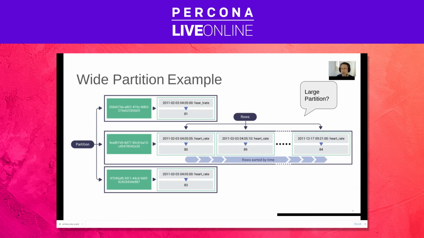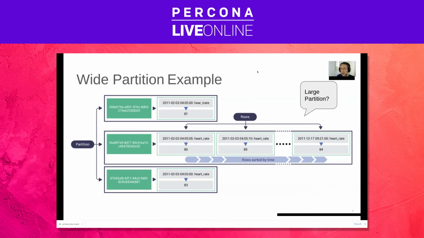Some databases have limitations on how large a partition can be. On Scylla, mostly it's not a real problem because we did a lot of work optimizing it, but it might be. So it very much depends on your usage pattern and the values that you select. If you always select the first value and you don't care about the rest, in most cases you don't care if the partition is large or not.